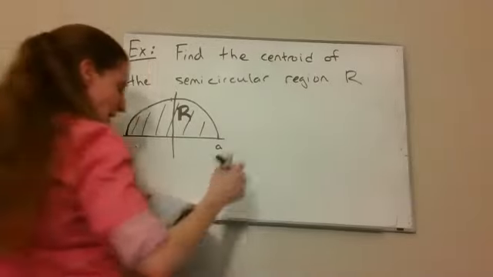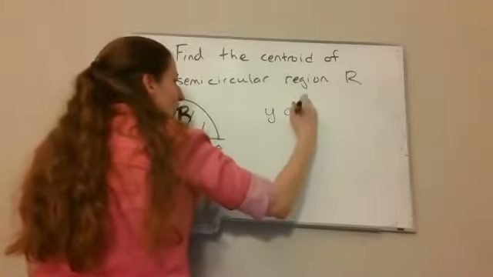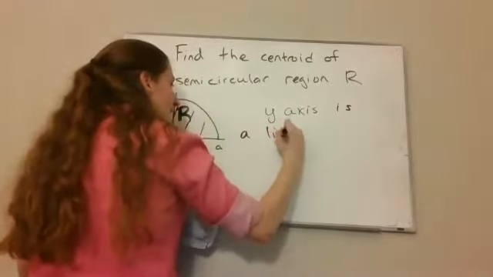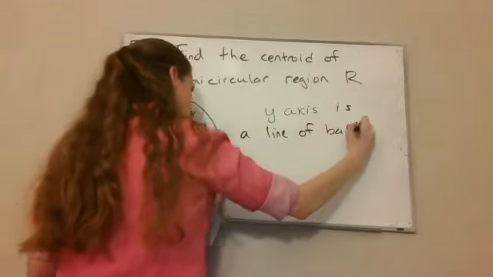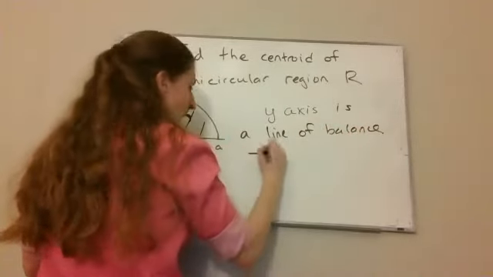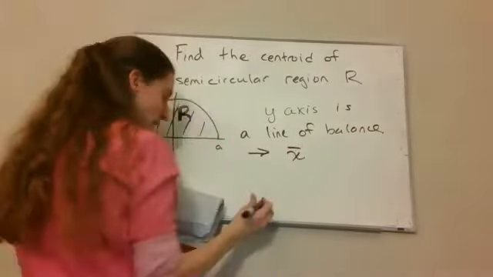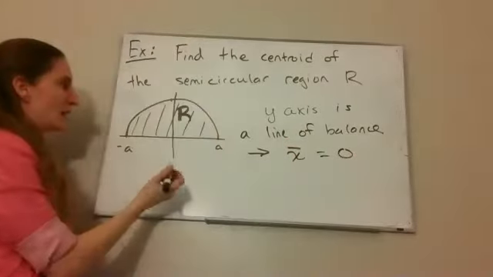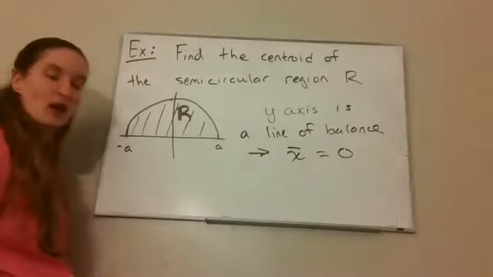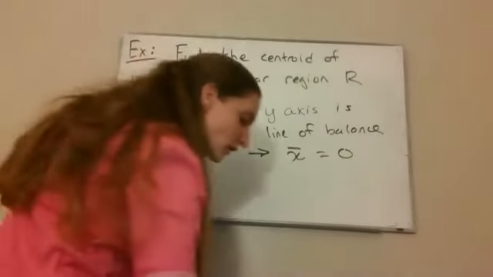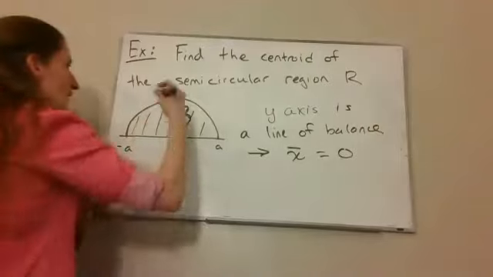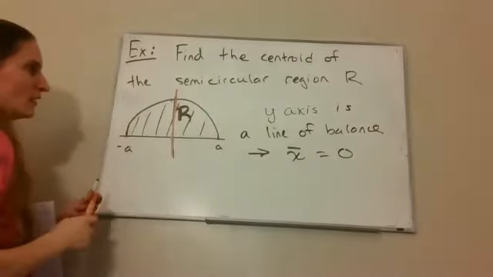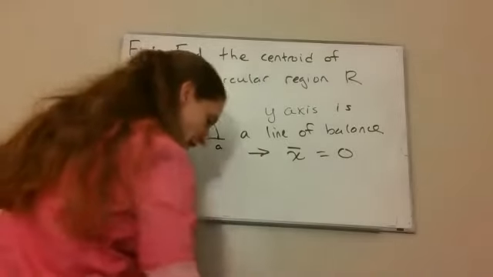So since our y-axis is a line of balance, this means that the x-coordinate of my centroid has to be 0 because my centroid is going to lie somewhere along that y-axis. I just don't know exactly where, but I know it's somewhere along this vertical line. So I know my x bar is equal to 0.